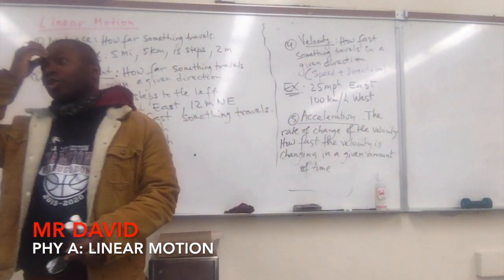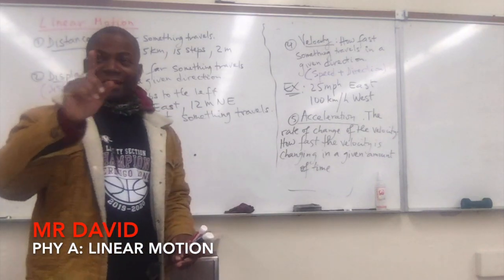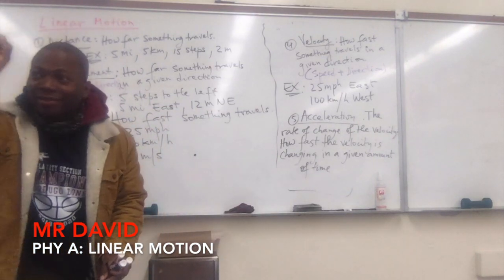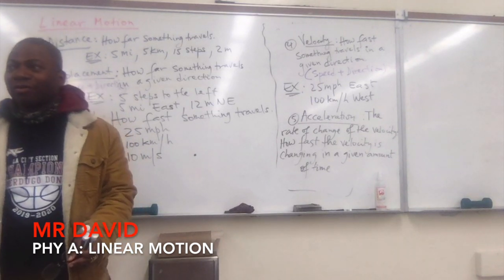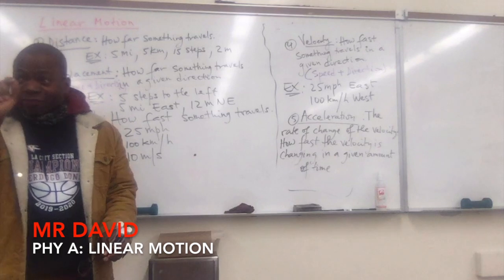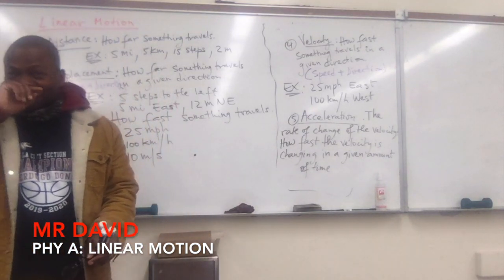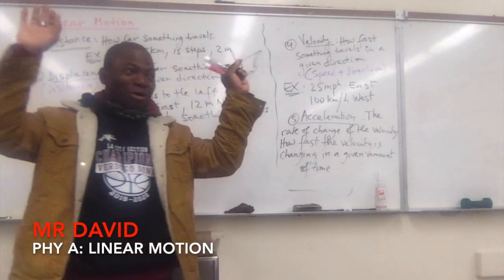When somebody's slowing down, we have negative acceleration. Negative means there's a minus sign in front of the number. Write it down so you remember. You guys heard me. You're my witnesses.